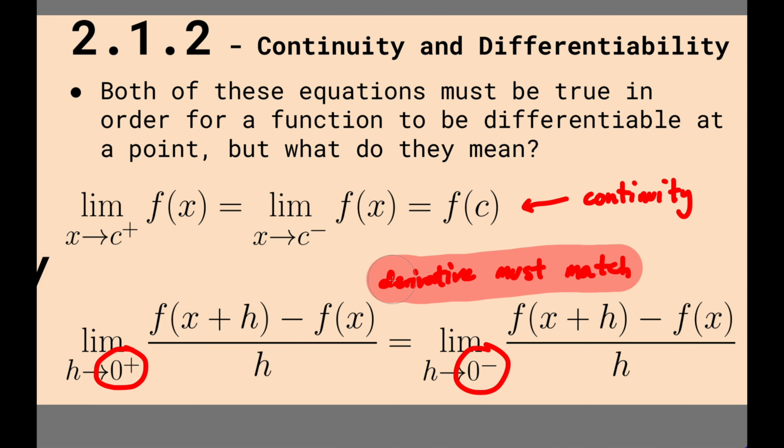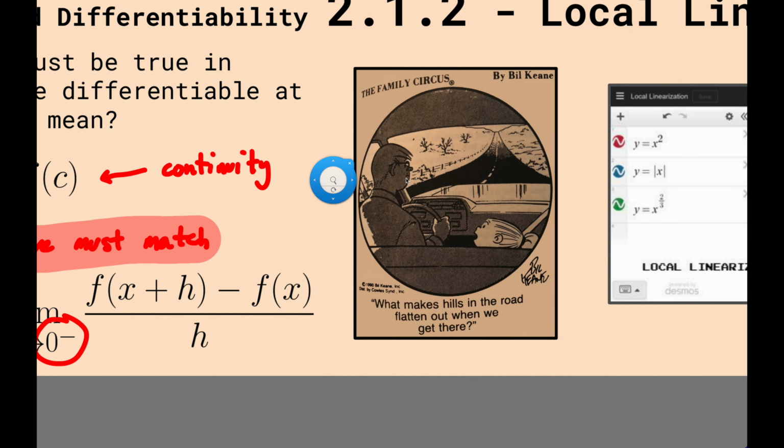It can still be continuous and the derivative not match on both sides. In order for it to match on both sides, it has to undergo what's called local linearization, and I'm going to show you an example of that in just a second. But just make sure you understand, if it's differentiable, it's automatically continuous. If it's continuous, though, it's not necessarily differentiable, and I'm going to show you an example right now.